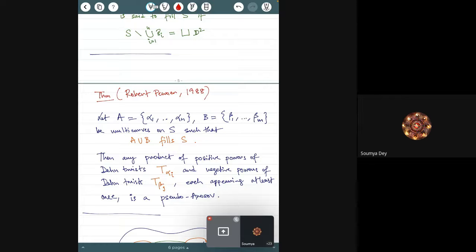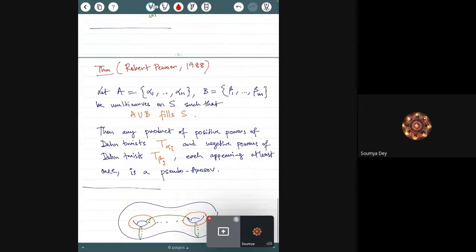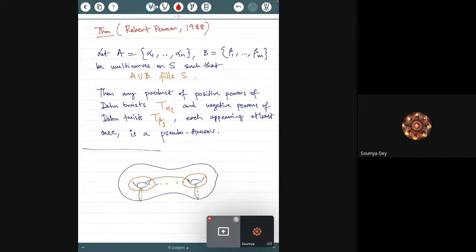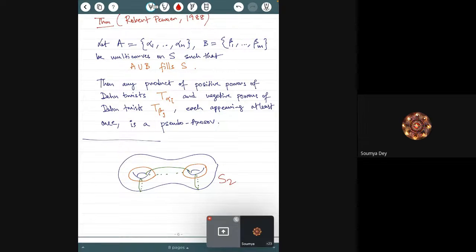This is actually a great theorem, right? So let me give one example. So we have a genus 2 surface here, and I have drawn two families of curves.